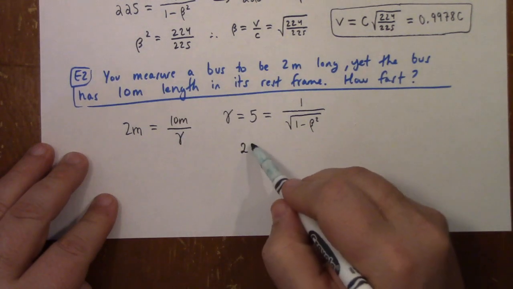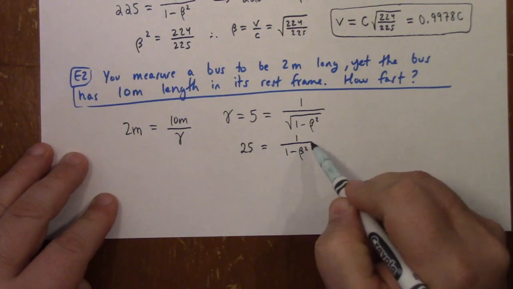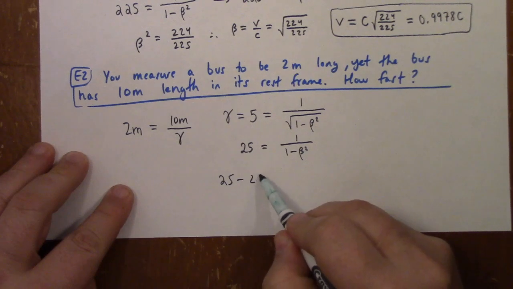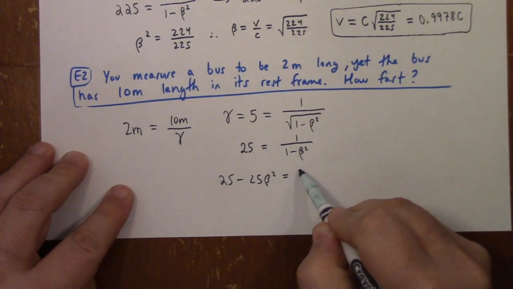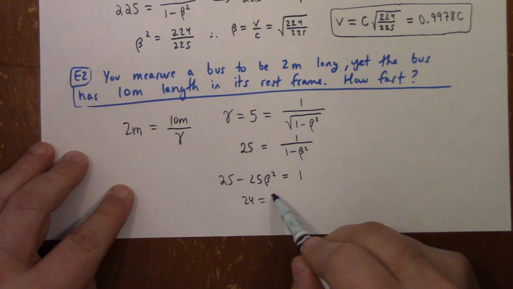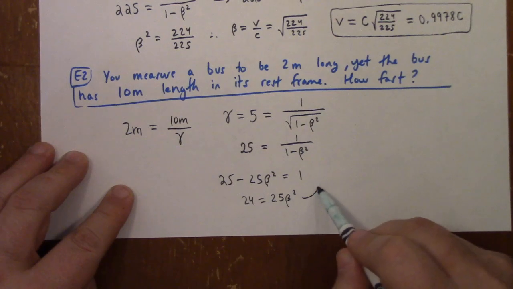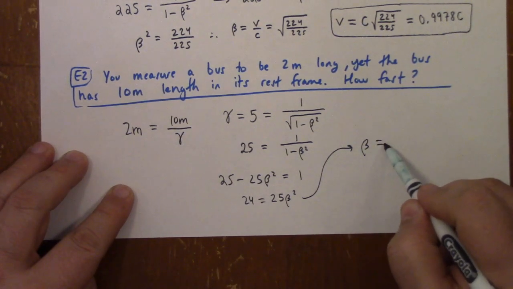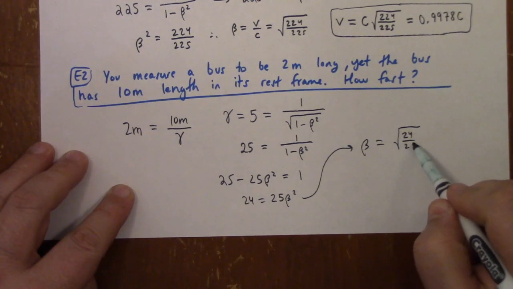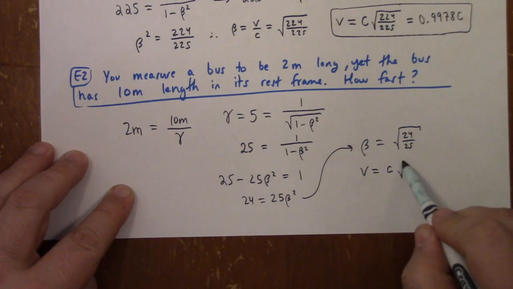Square this thing, you get 25 equals 1 over 1 minus beta squared, which then gives me 25 minus 25 beta squared equals 1, which gives me 24 is equal to 25 beta squared, which then gives me beta is equal to the square root of 24 over 25, which says my velocity is c times the square root of 24 over 25.